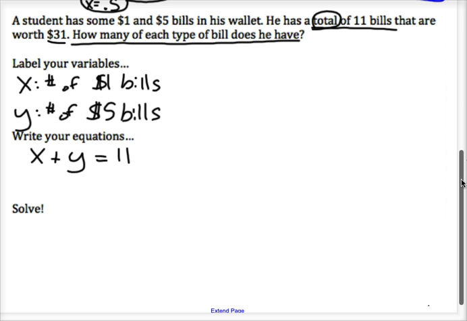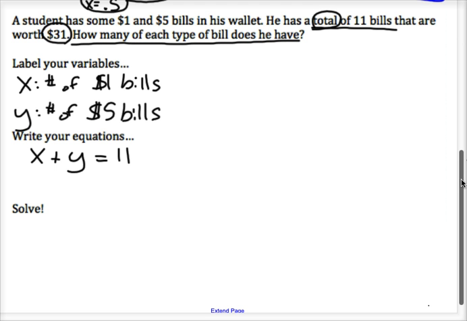Next, I'm noticing that they are worth $31. All right? So when we're dealing with bills and coins and stuff like that, we're going to get a pretty similar equation to what we did in the first word problem.